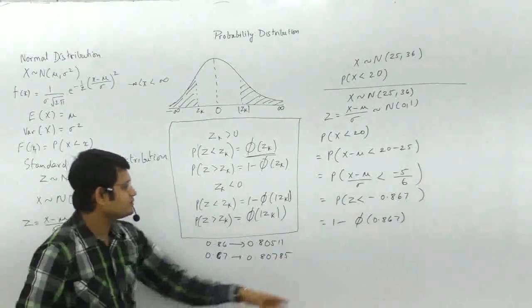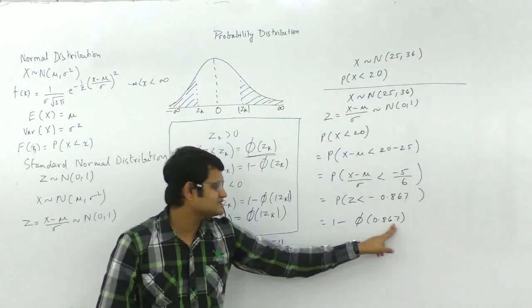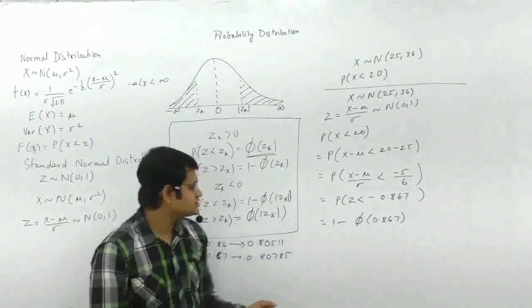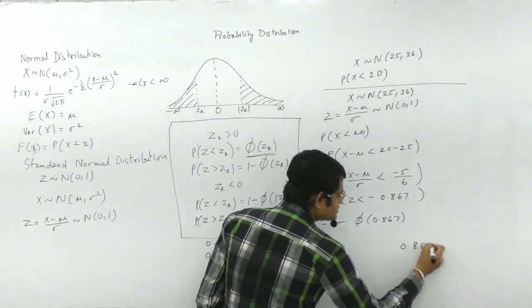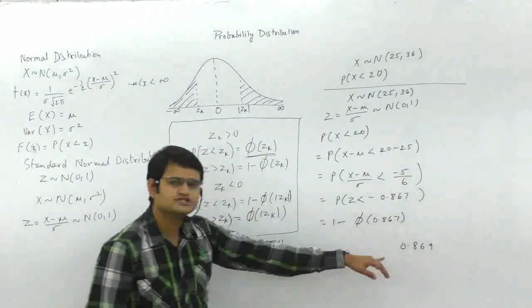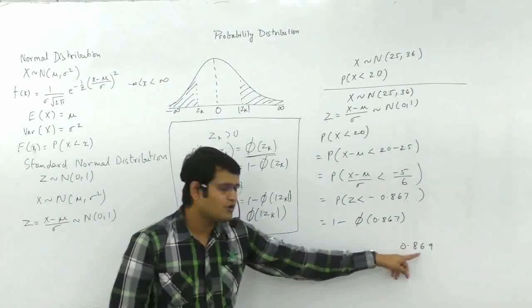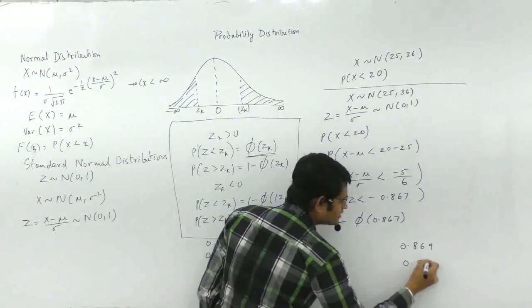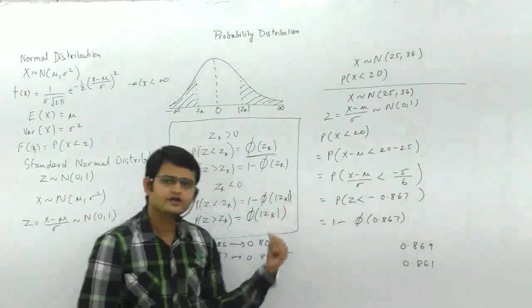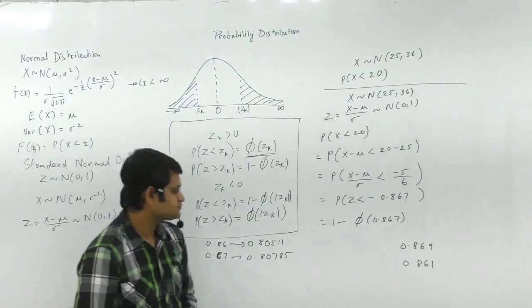Now how do we find the probability for 0.867? I would suggest, if it was, let's say, 0.869, just convert it into 0.87, or if you have 0.861, convert it into 0.86.